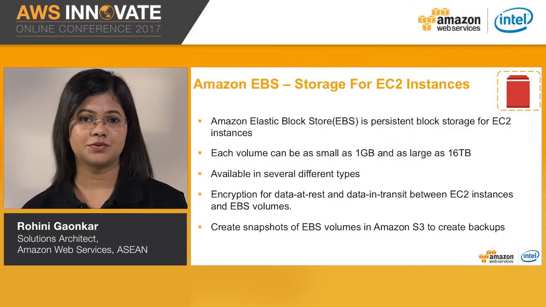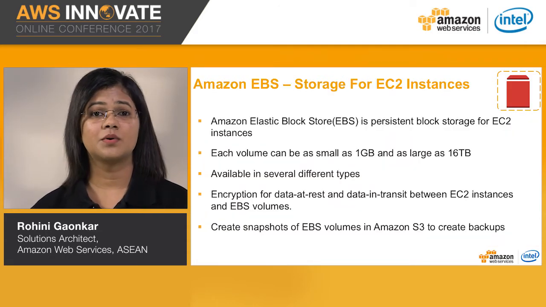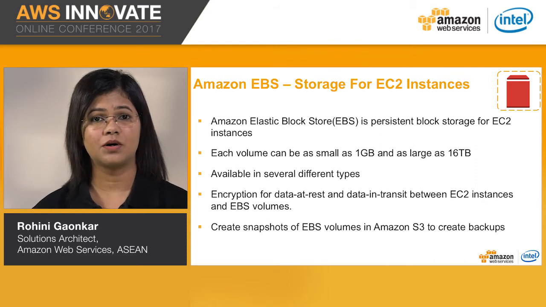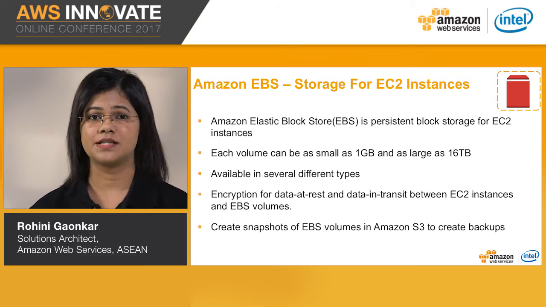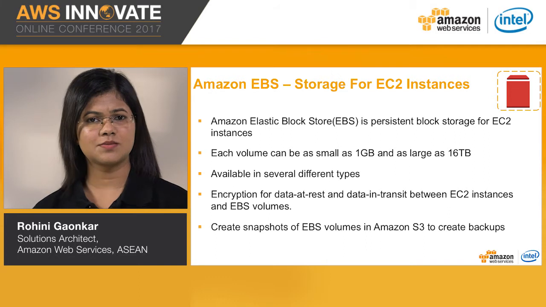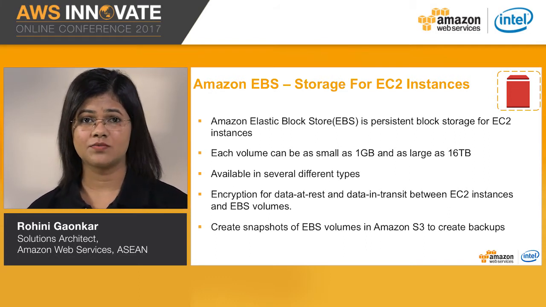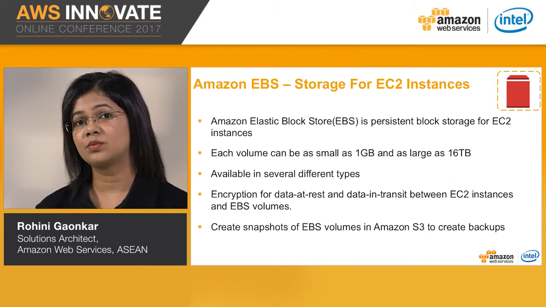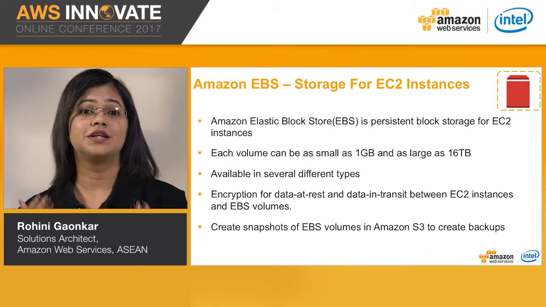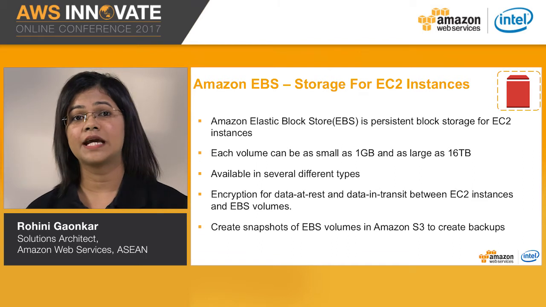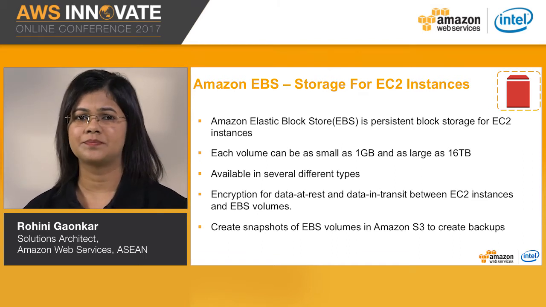Amazon Elastic Block Store, or Amazon EBS, provides persistent block storage volumes for use with Amazon EC2 instances. EBS volumes are availability zone specific. Each EBS volume is automatically replicated within its availability zone to protect you from component failure, offering high availability and durability.